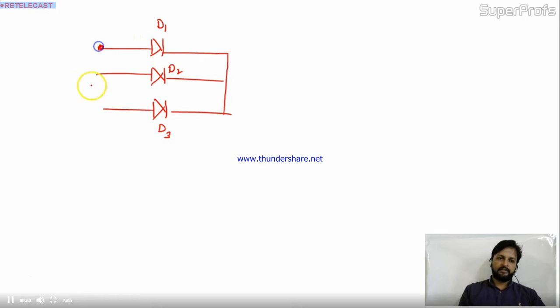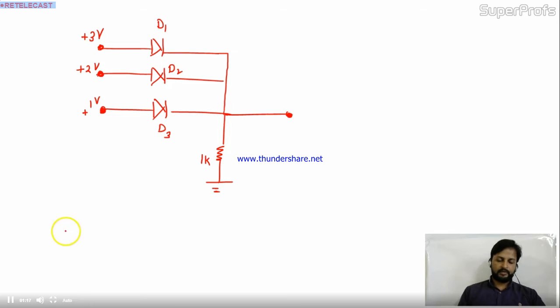The positive terminal or the anode of the diodes are connected with plus 3 volt, plus 2 volt and plus 1 volt. Okay.